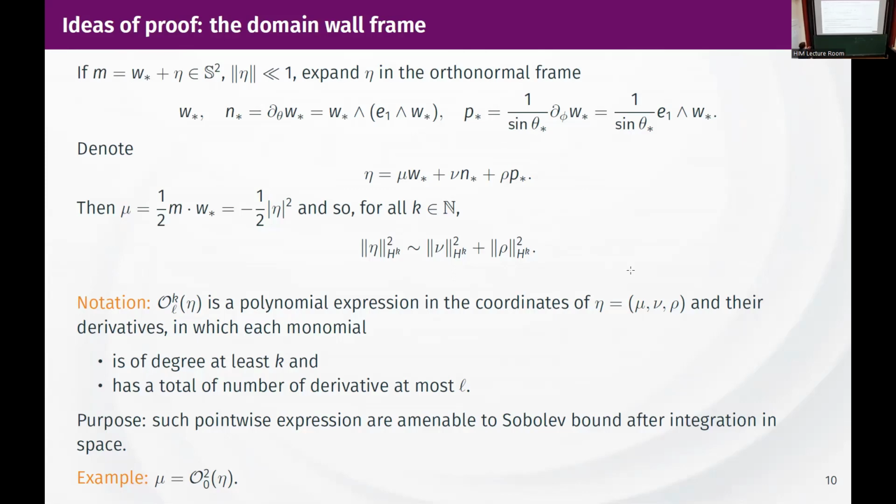So I will obtain pointwise bounds, pointwise expansions, and then I want to integrate them, and I have to count the number of derivatives. I want the integration to be solvable, giving global bounds after integration in space. For example, mu is simply quadratic in eta with zero derivatives.